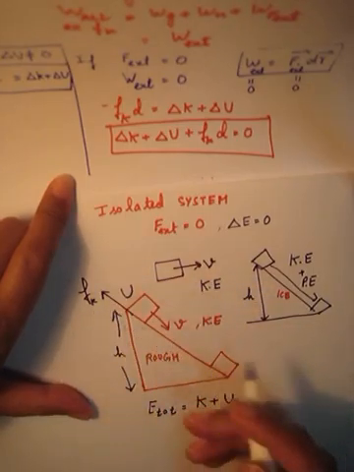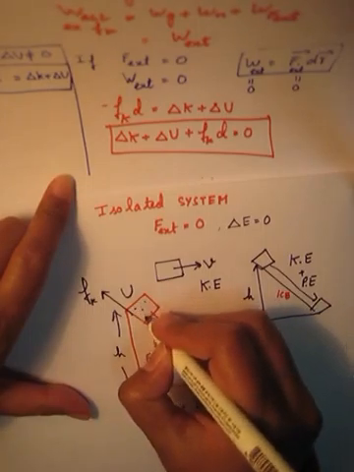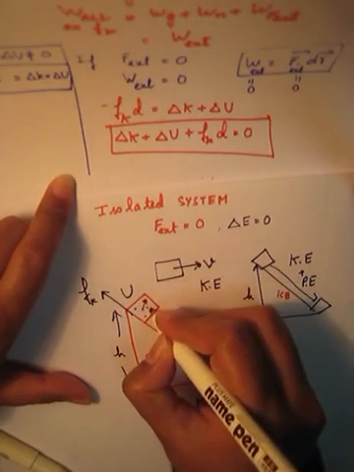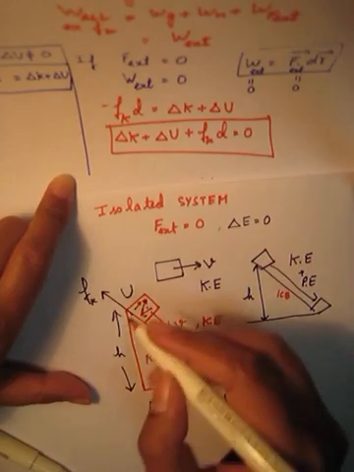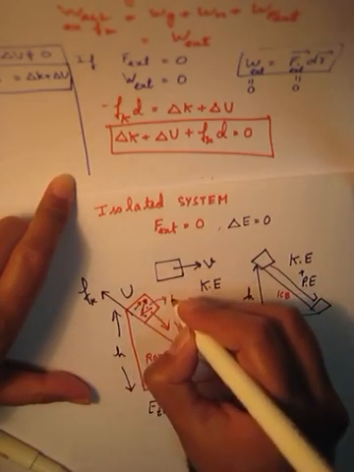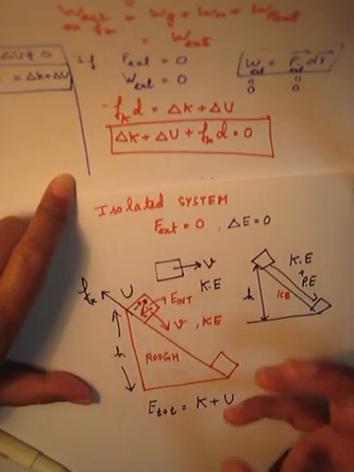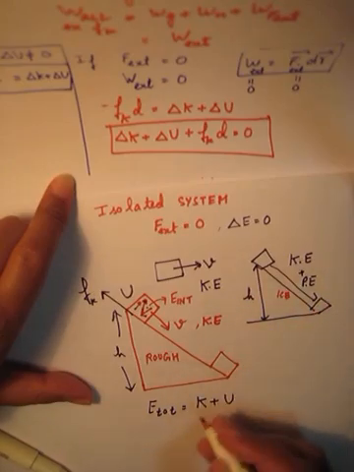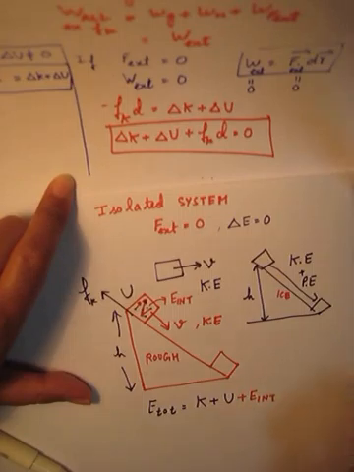Due to this friction, some heat will be generated, and the atoms of this object will start moving with higher energy in different directions. So its internal energy, which is the energy of the atoms of an object, will also change. So it will have an additional term, which is called the internal energy of the system.